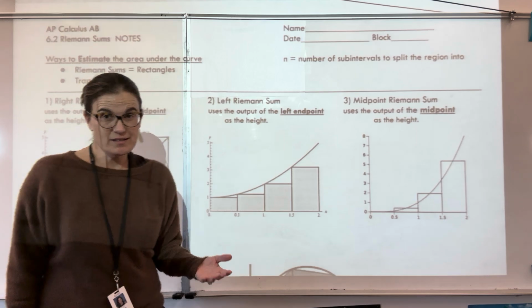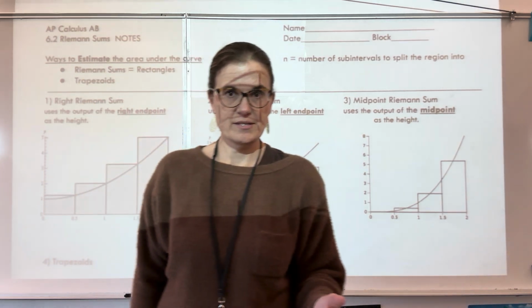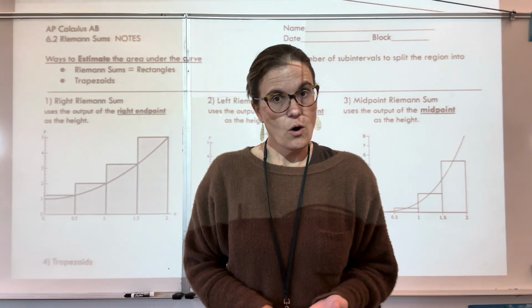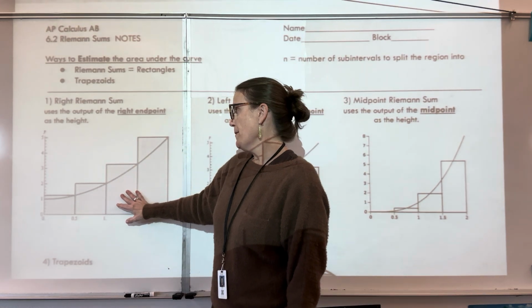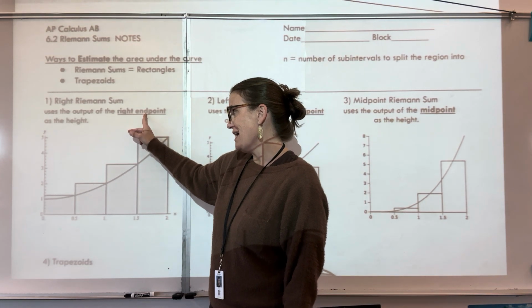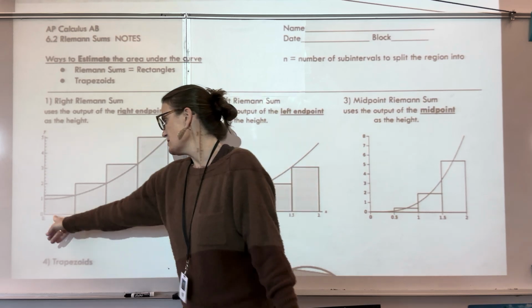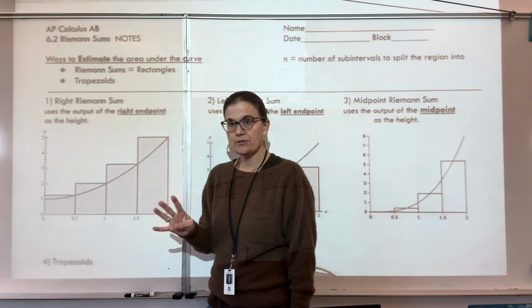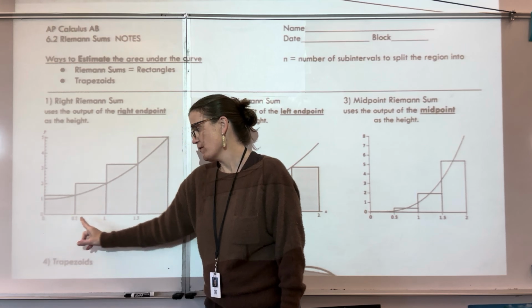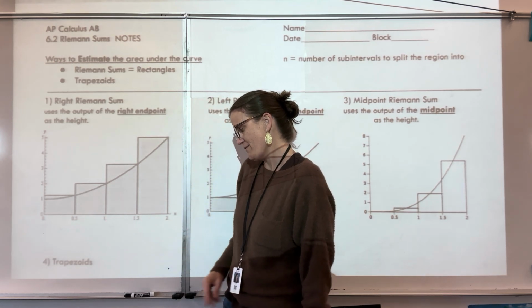Right? So for Riemann sums, they're going to have to tell you what type of Riemann sum. Are you doing a left, a right, or a midpoint Riemann sum? Okay. So a right Riemann sum is where we use the output of the right endpoint as the height. So if we're going from 0 to 2 and we split it into 4 rectangles, that would mean from 0 to 0.5, 0.5 to 1, 1 to 1.5, and 1.5 to 2.